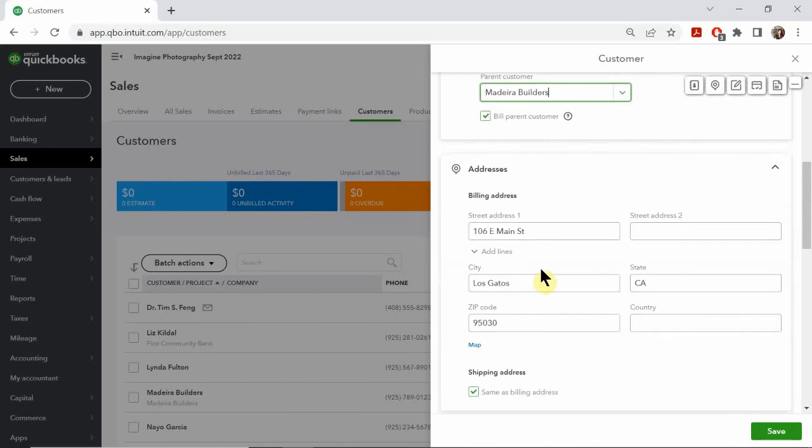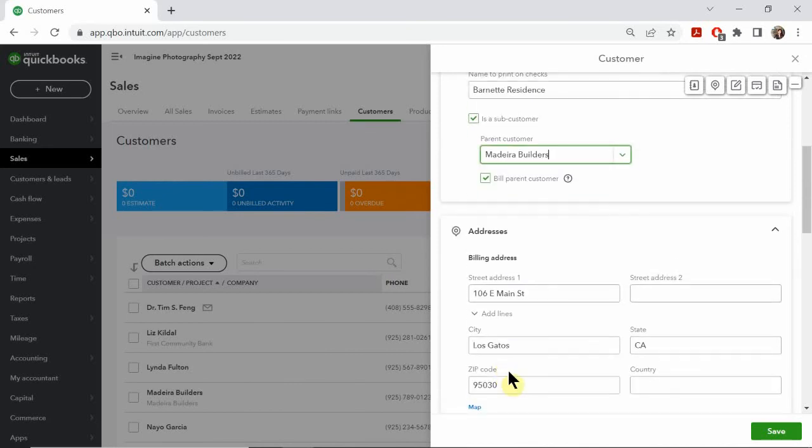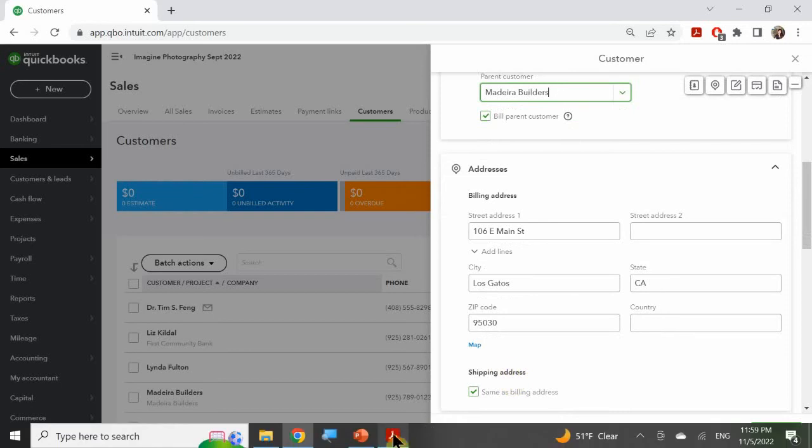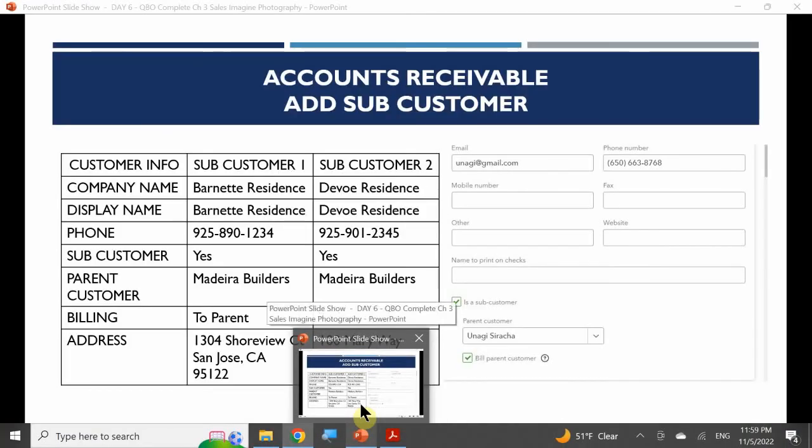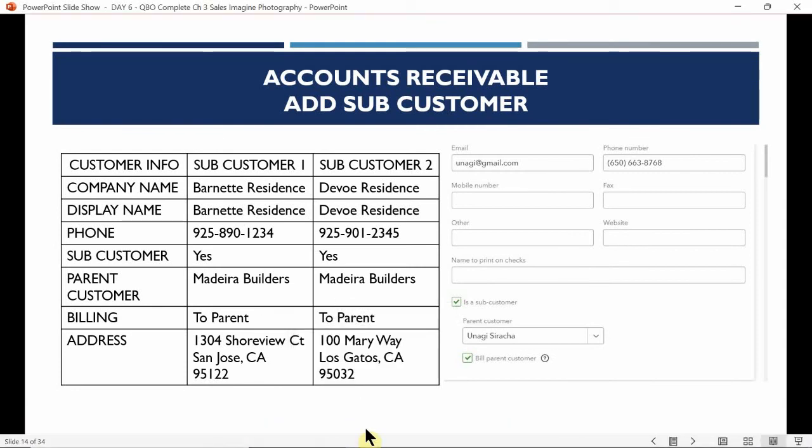And then, of course, you're going to have an address for them, right? The address for the Barnett residents is going to be right here, 1304 Shoreview Court.